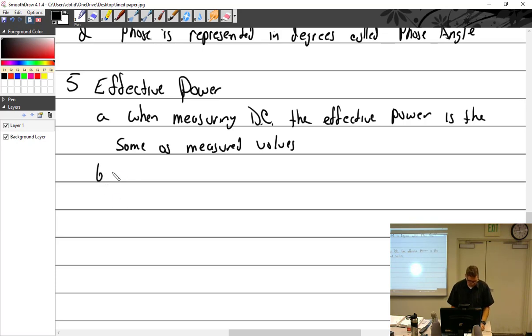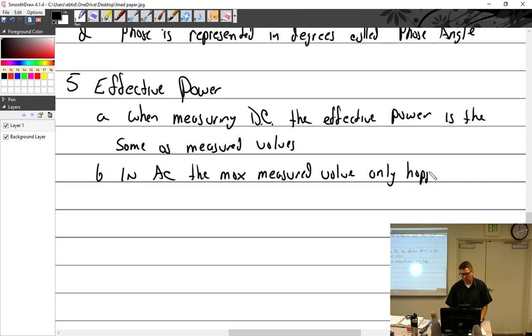Not so much with AC. So in AC, the maximum measured value only happens twice per cycle. Not twice per second, twice per cycle.